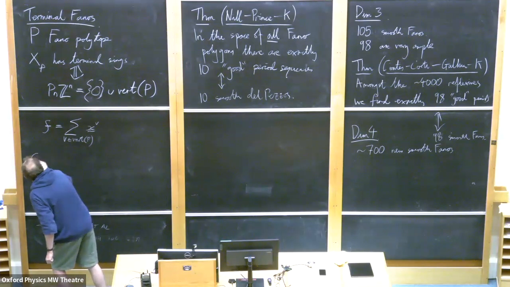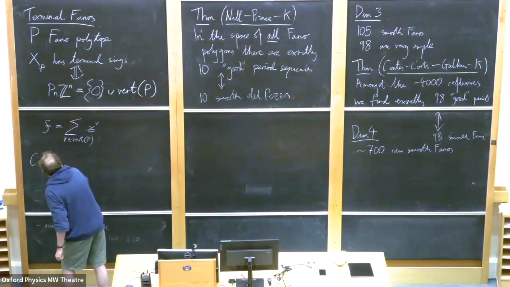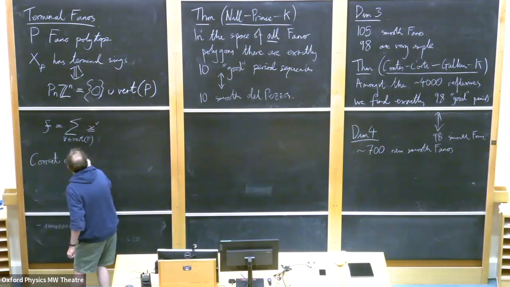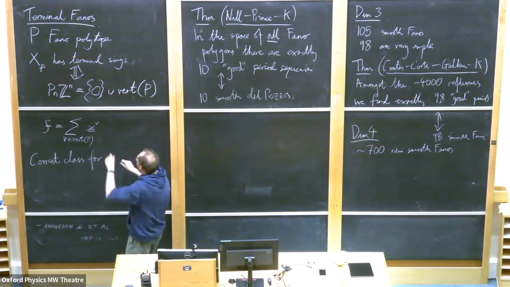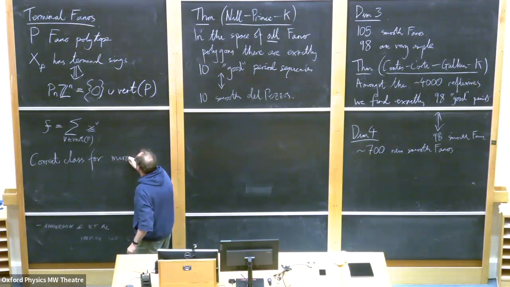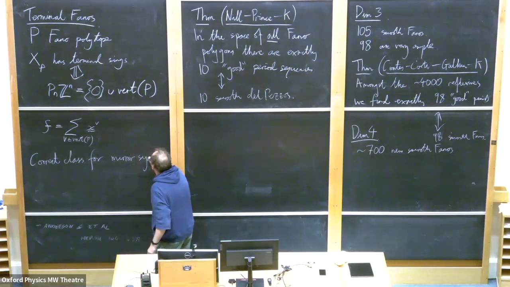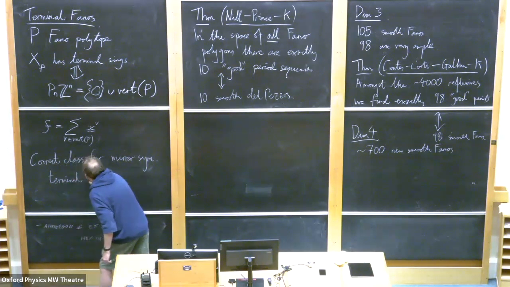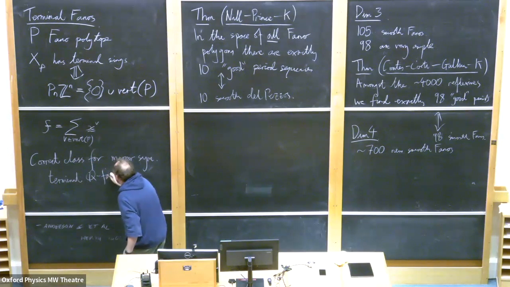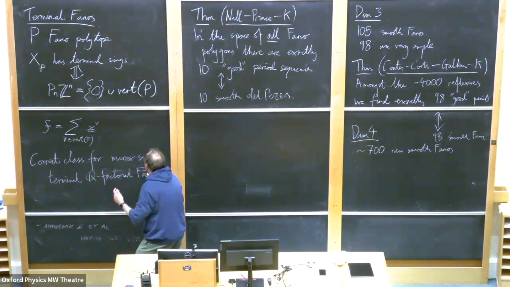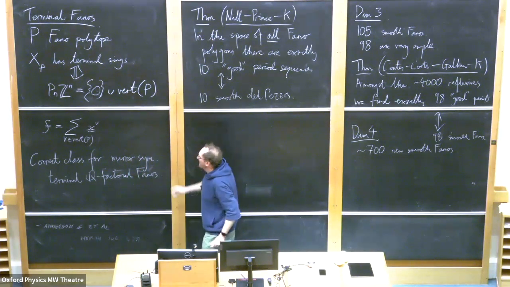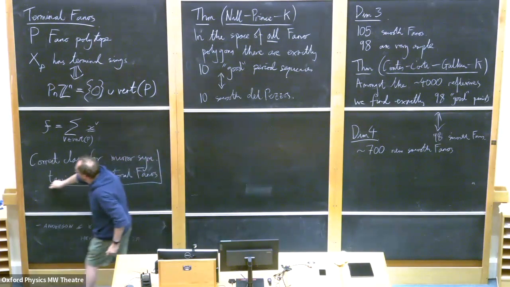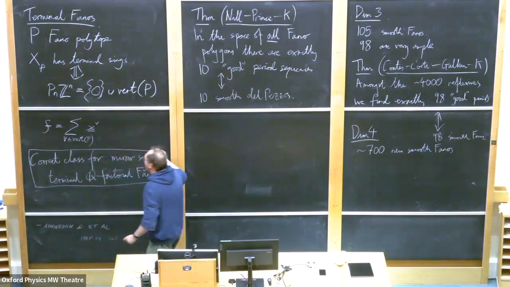The correct class for this flavor of mirror symmetry is terminal Q-factorial. Right. So this includes smooth Fano varieties, but it's slightly bigger.